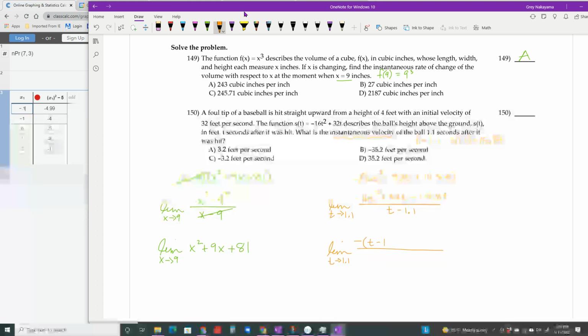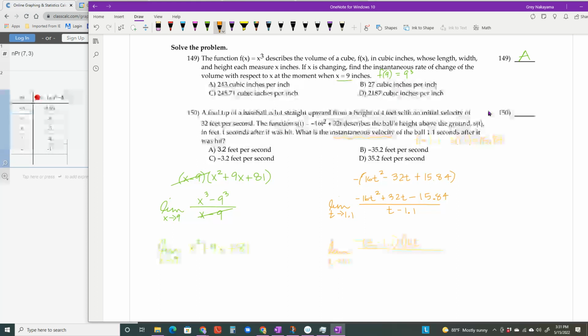I need a factor to be t minus 1.1. And that leaves me with 16t, because t times 16t gives me 16t squared. And then 1.1 times what gives me 15.84? So I'm basically dividing 15.84 by 1.1, and that gives me 14.4, all of this over t minus 1.1.